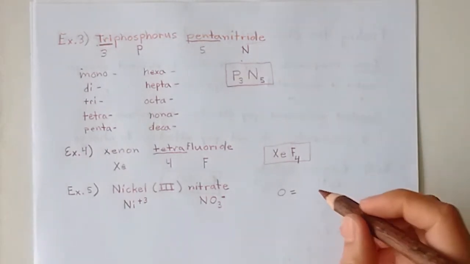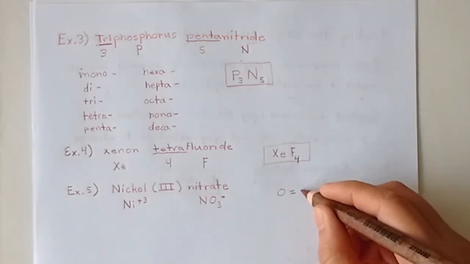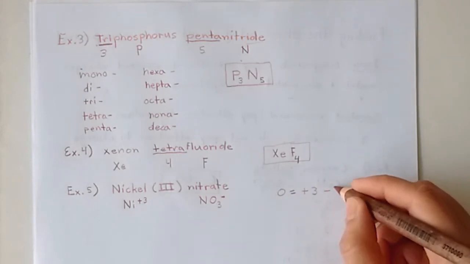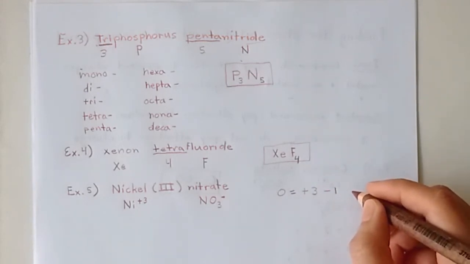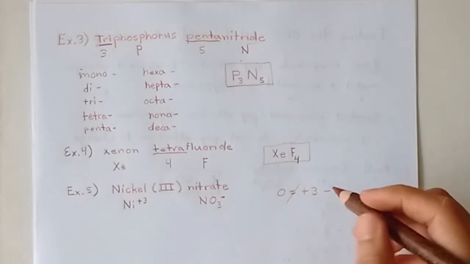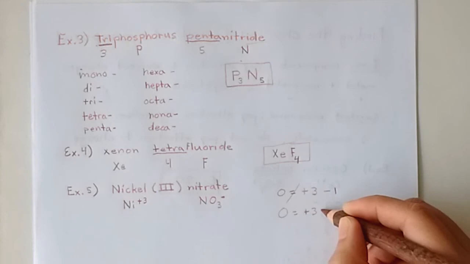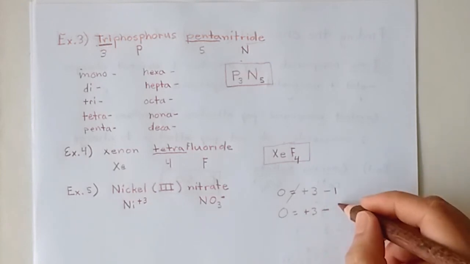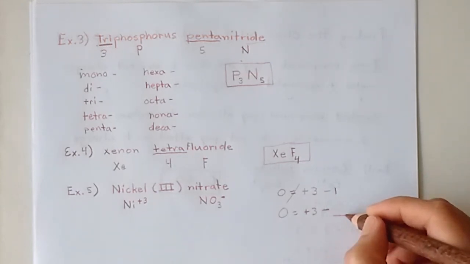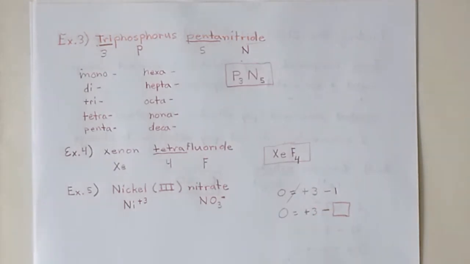Right now, if we combine positive 3 and negative 1, we'll come out with 2, which is not 0. So we need to find a way to make this true. So what number goes here? 3 minus what number will give 0? So we know that's 3.